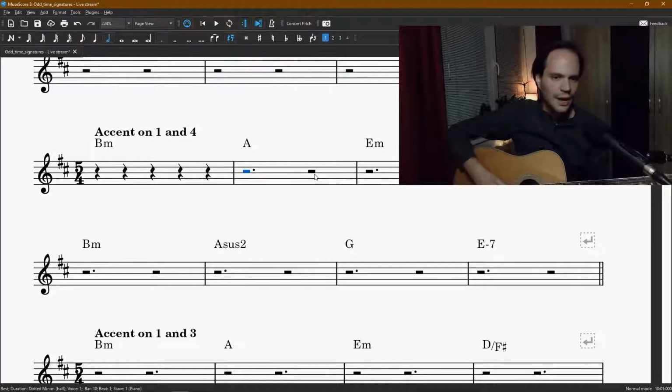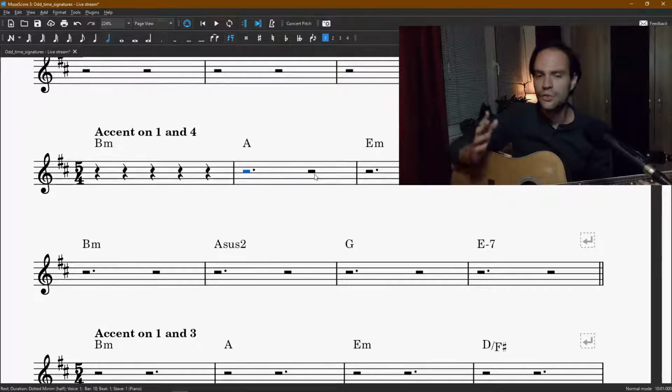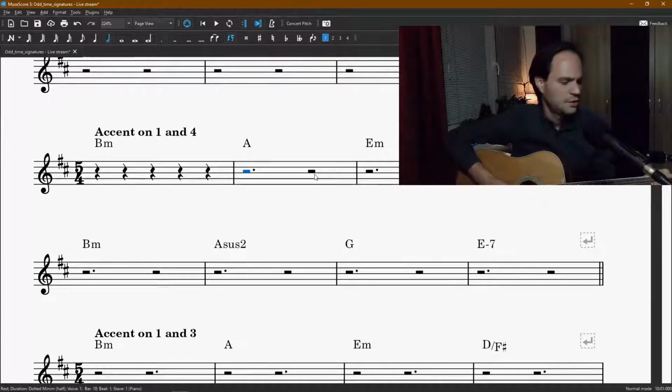So if I play it in 5/4 time signature, but in 2 groups, the accents will be on the first beat and on the 4th beat. We have 3 and 2. It will be like this: 1, 2, 3, 1, 2, 1, 2, 3, 1, 2.